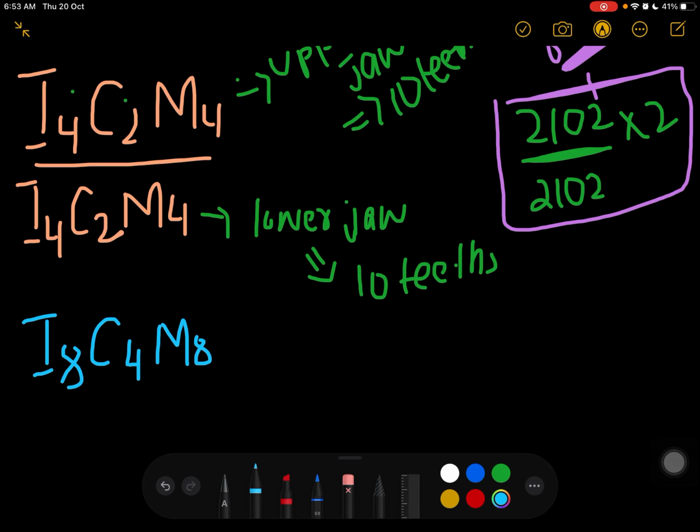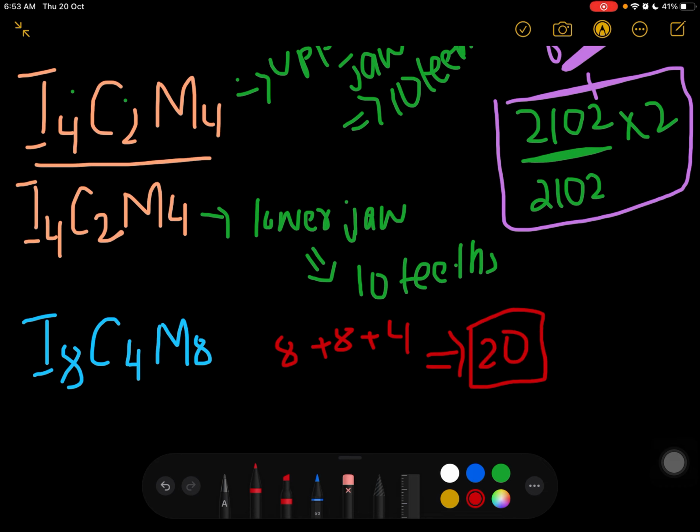So what will be the answer? 8 plus 8 is 16, and plus 4, 16 plus 4 is equal to 20, right?